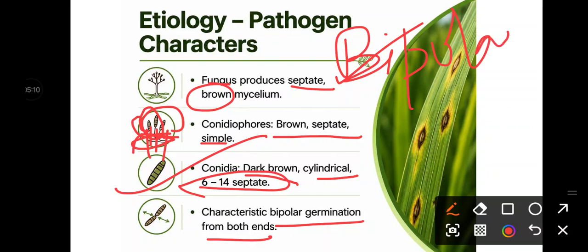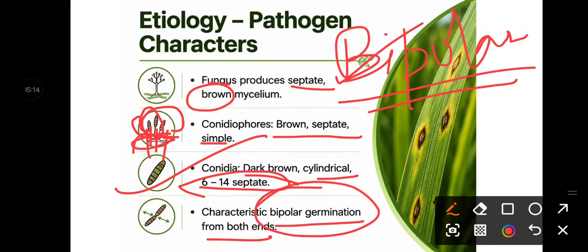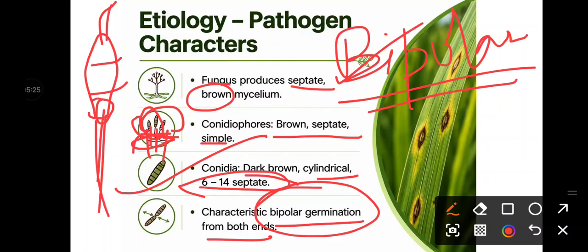If this is the conidium, both the top and the bottom cells can germinate. That's why it is known as Bipolaris.